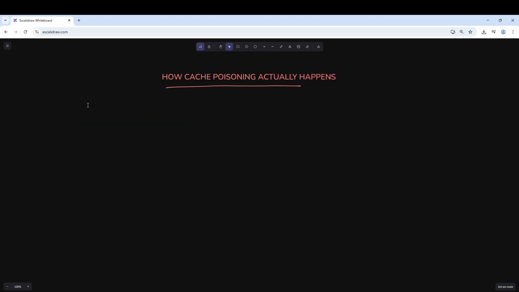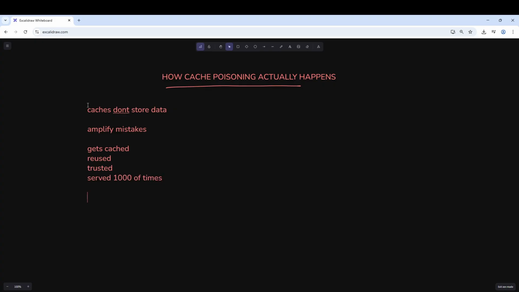Here's what most engineers miss. Caches don't store data, they amplify mistakes. One wrong response gets cached, gets reused, gets trusted, gets served thousands of times.